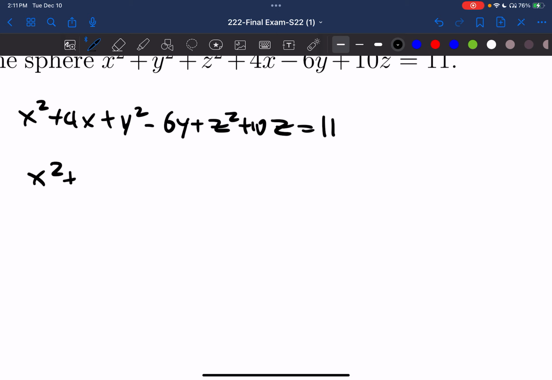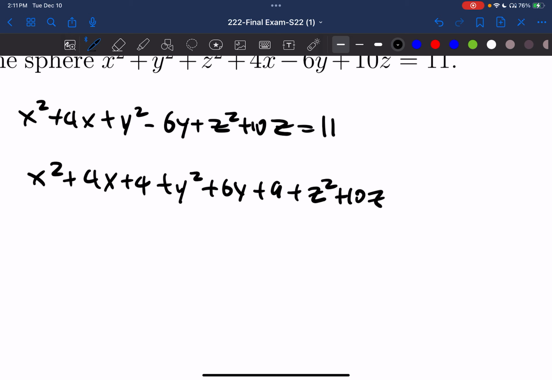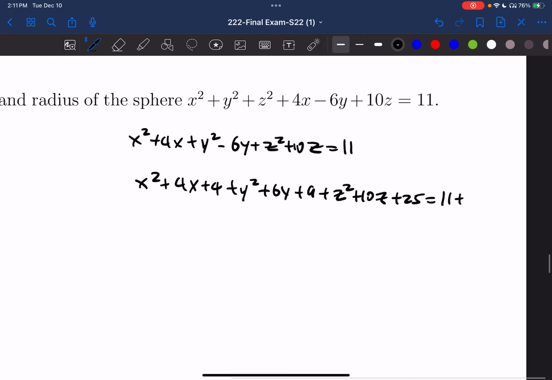So x squared plus 4x: 4 divided by 2 is 2, 2 squared is 4, so we add 4. Plus y squared, minus 6y: 6 divided by 2 is 3, 3 squared is 9, so plus 9. Plus z squared plus 10z: 10 divided by 2 is 5, 5 squared is 25.